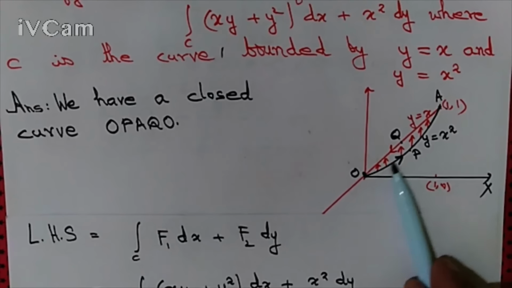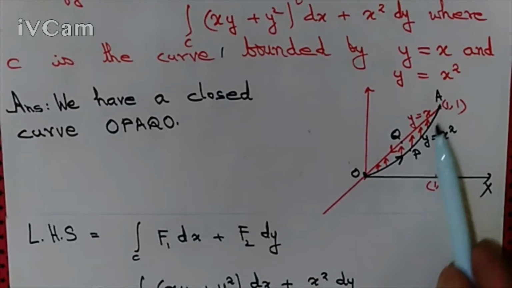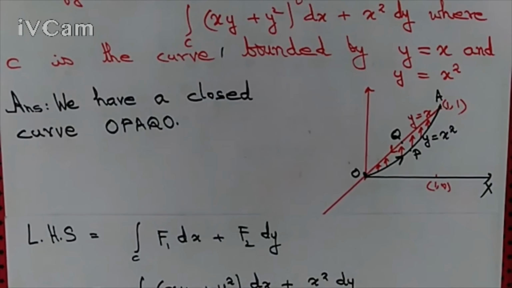One is OPA, that's a parabola, and another is AQO, that's a straight line.